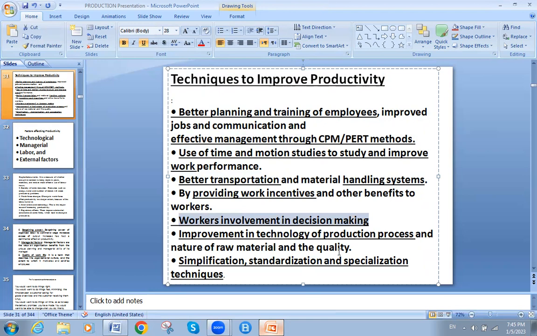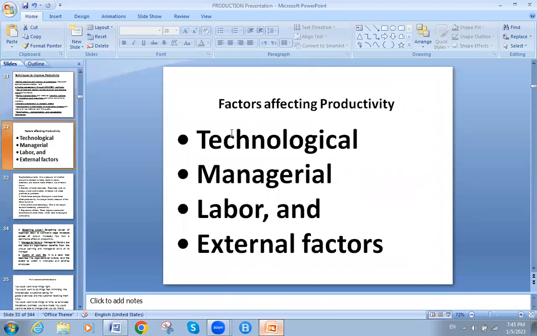If all the people are participating in decision-making, then expect high productivity. Improvement in technology, simplification, standardization, and specialization techniques. All these will increase our productivity.